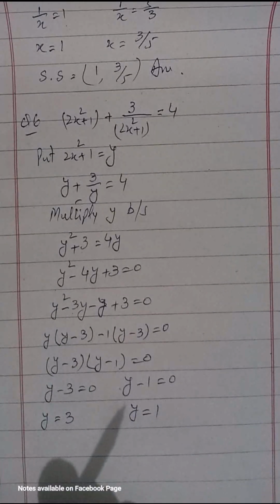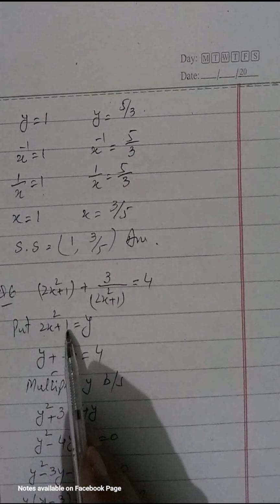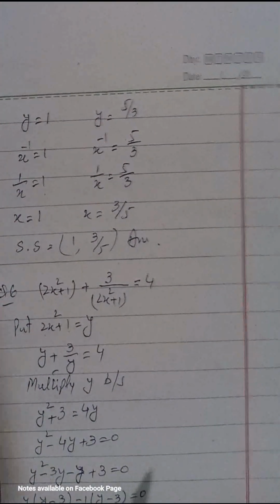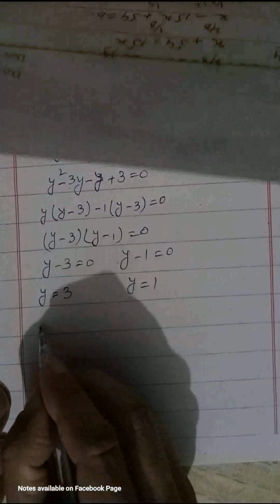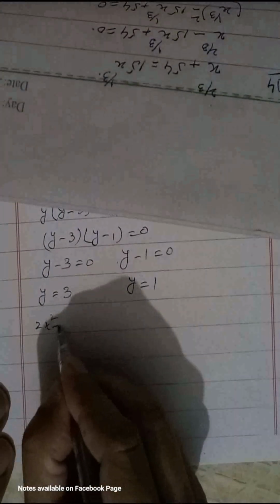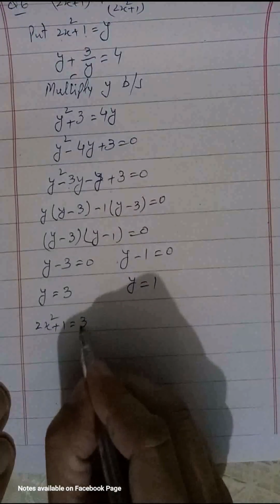Now we put the value of y, which is 2x square plus 1, instead of y. We get 2x square plus 1 is equal to 3.